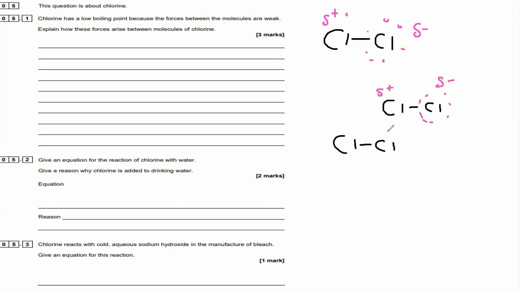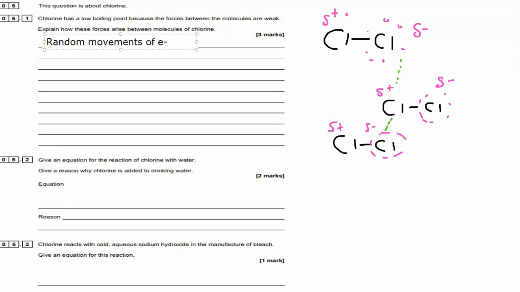What will happen is the chlorine, which is negative and has slightly more electrons, will repel the electrons from the nearest chlorine of the adjacent molecule. And that will become delta positive and delta negative and so forth. So what we say is a temporary dipole forms in the first chlorine molecule due to the random movement of electrons.